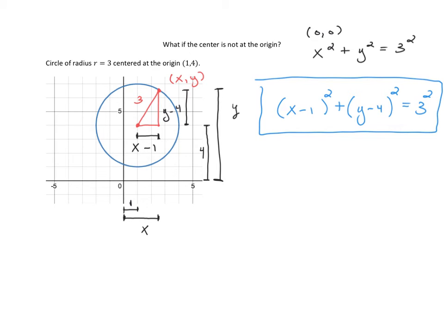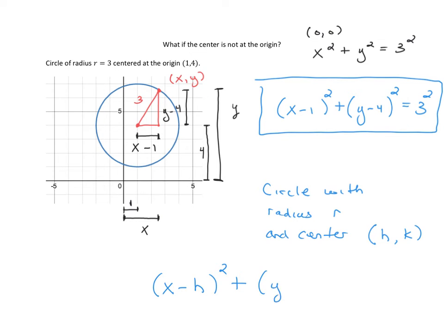So in general, if you want a standard equation for a circle of any radius with any center, so I'll say a circle with radius r and center, we can use any letters we like, but maybe I'll use h and k, then your equation is going to be (x minus h) squared plus (y minus k) squared is equal to r squared.